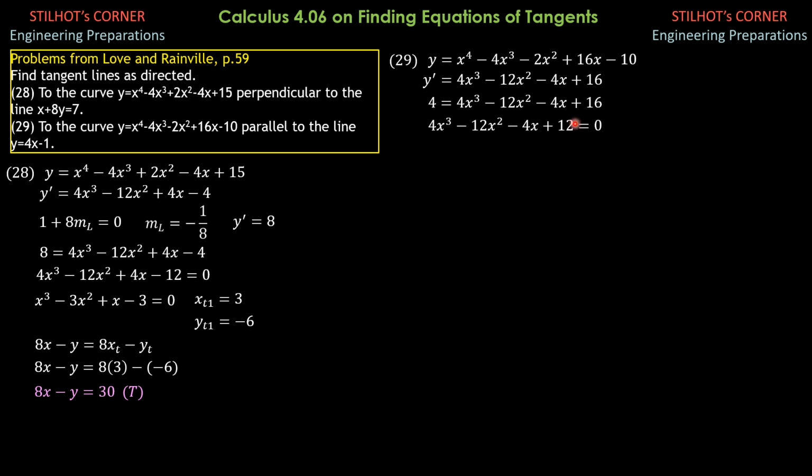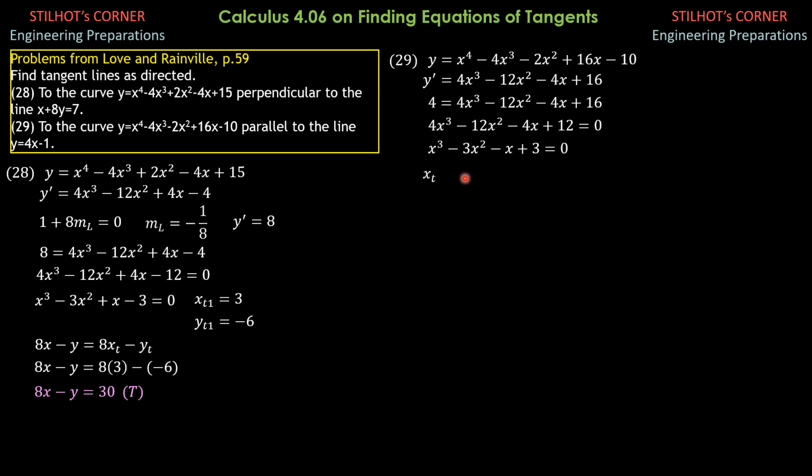Dividing everything by 4, 4 is common to all these terms, x cubed minus 3x squared minus x plus 3 equals 0. Using your high-tech calculator capable of finding roots of a cubic function, in fact, you can also find the roots of a quartic equation.